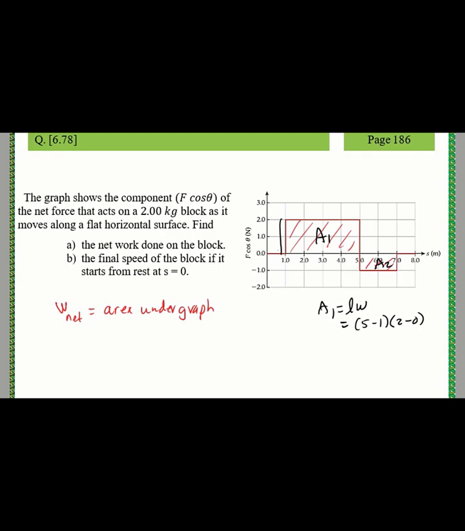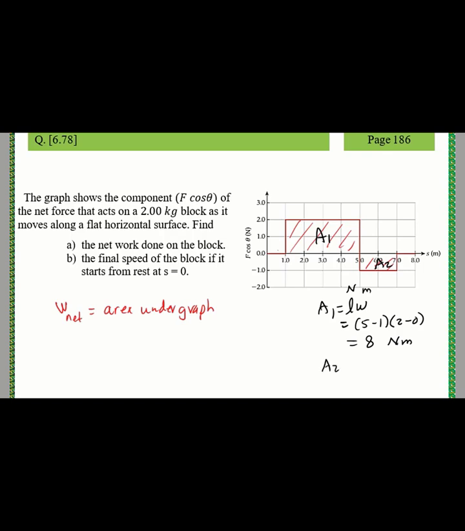This is the height from 0 to 2. This is the width from 1 to 5. Five minus 1 is 4 times 2, it is 8 newton meter, because the length is force, it is N, and the width in meters.